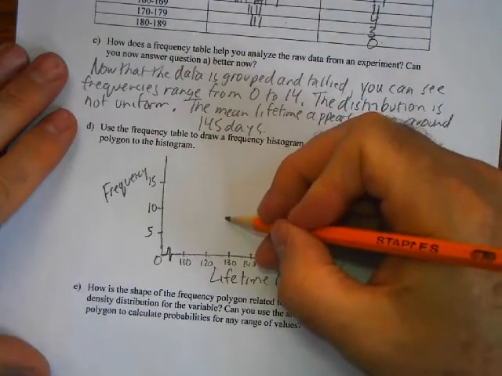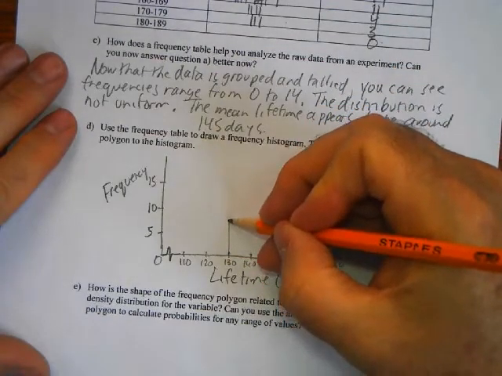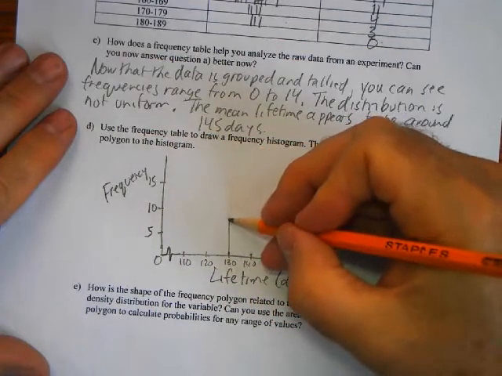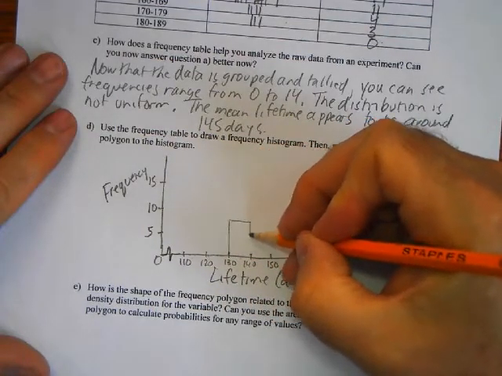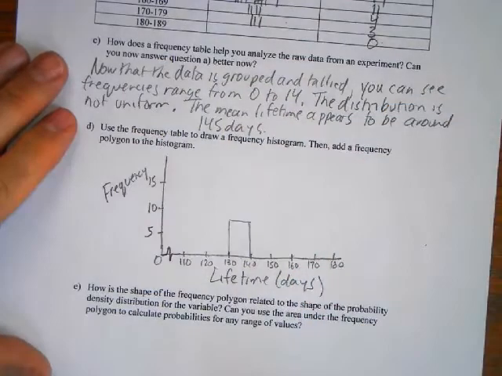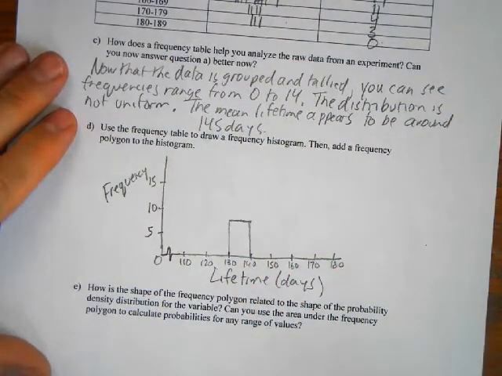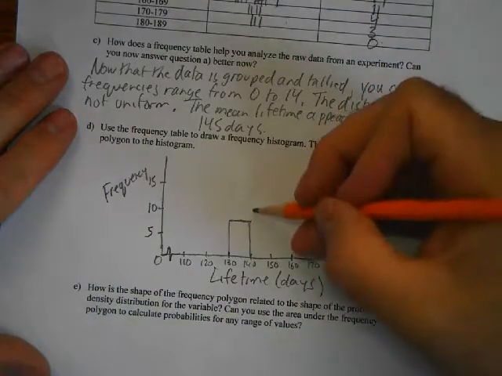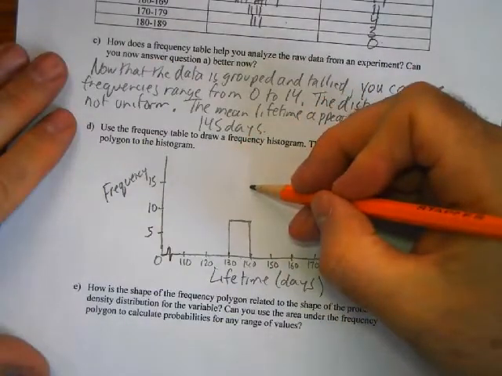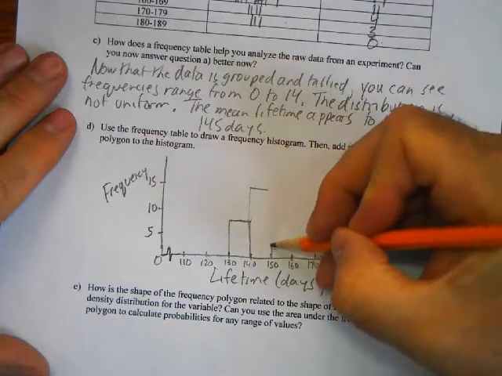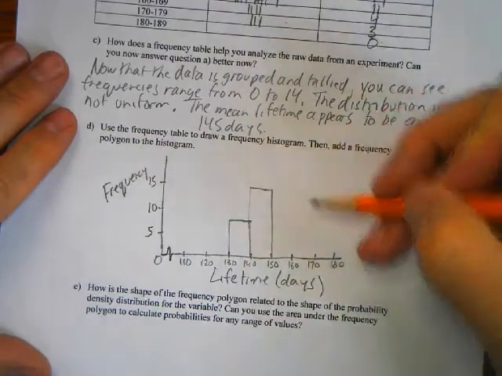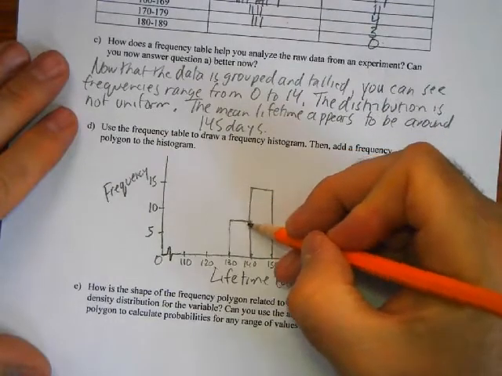So I'm going to go up to where 8 would be, and draw basically a rectangle for the histogram at 8, and then the next value was 14. So 14 is about here. So I'm going to go up and then across for my next bar.